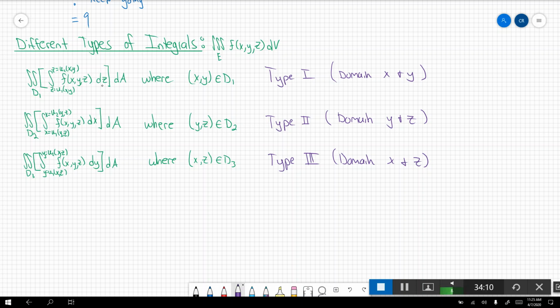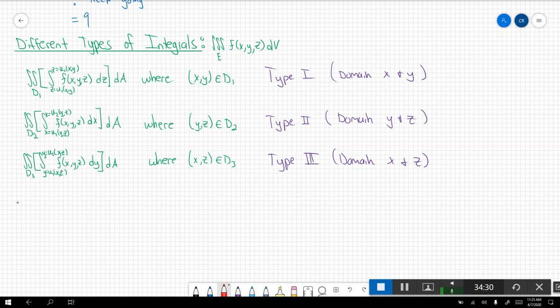The first setup is dz, then dx dy, and then the other setup is dz, then dy dx, or vice versa. All right, so the second integral here, type 2, has another 2 different types. Type 3 has another 2 different types.